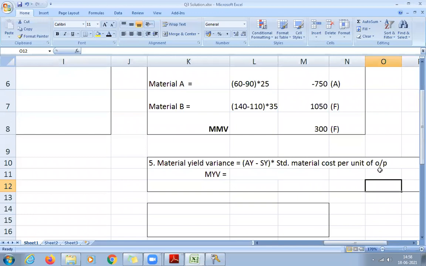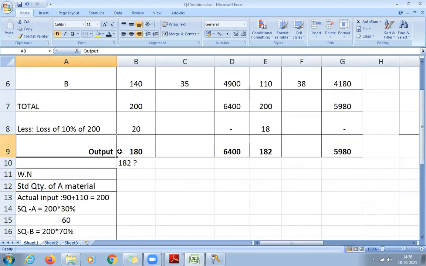Standard material cost per unit of output: whatever total material cost we got, divided by the output. So 6,400 we got as total standard cost, divided by the standard output of 180.